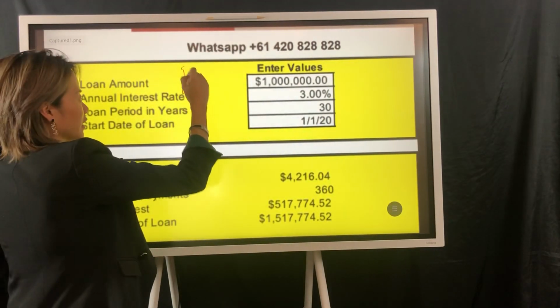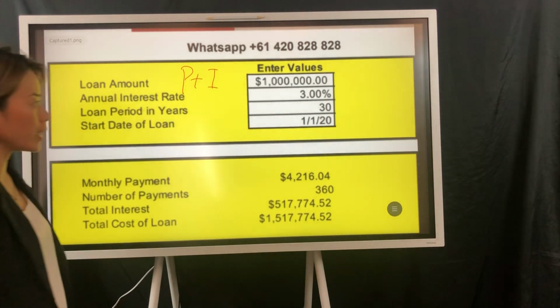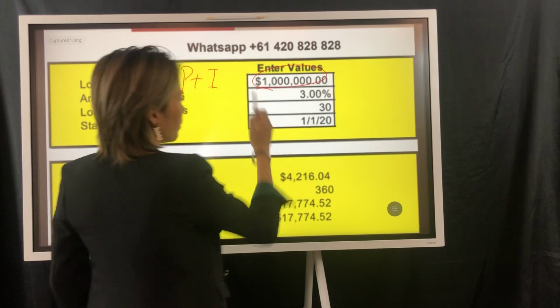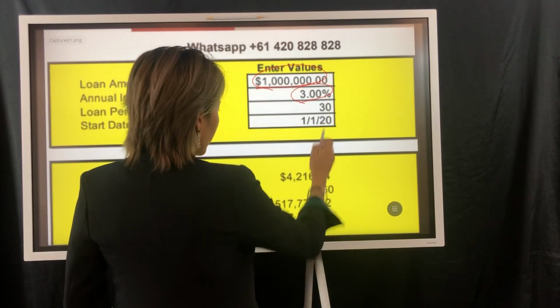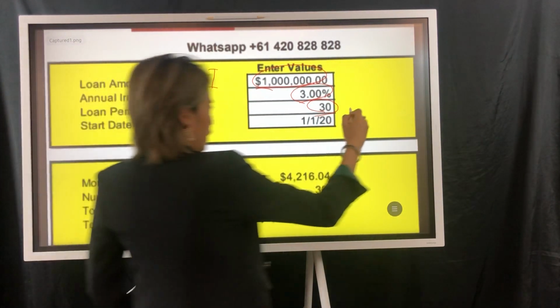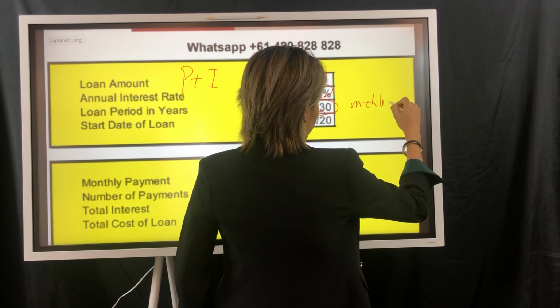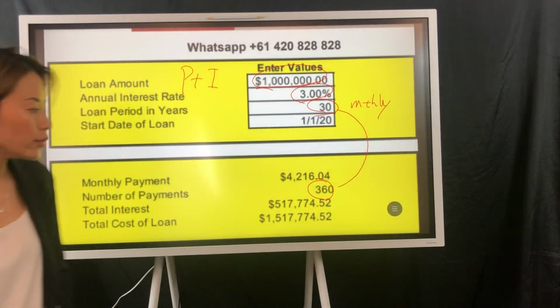Alright, let's put this one as the first scenario. It's a principal plus interest repayment. Loan amount is 1 mil, interest rate is 3%, and it's a 30 year term with monthly repayment. So that gets to 360 repayments.